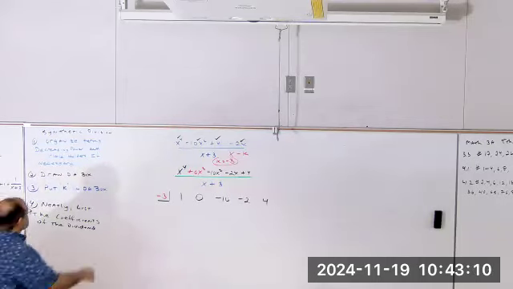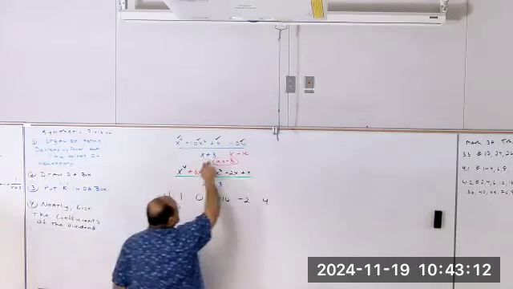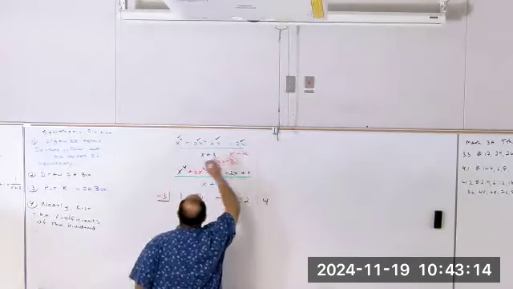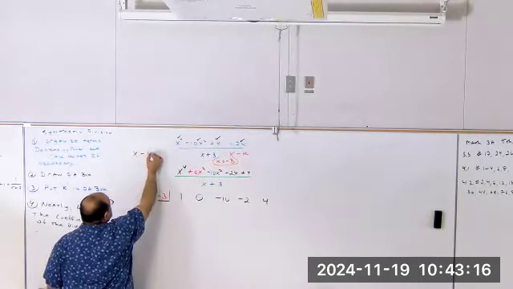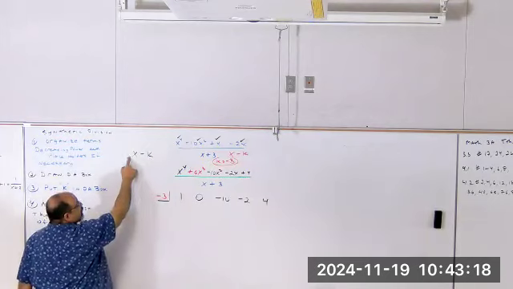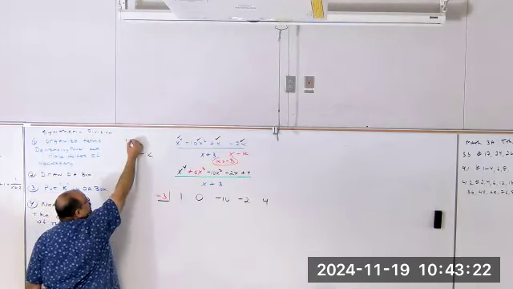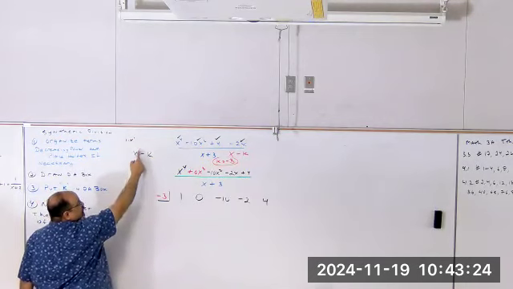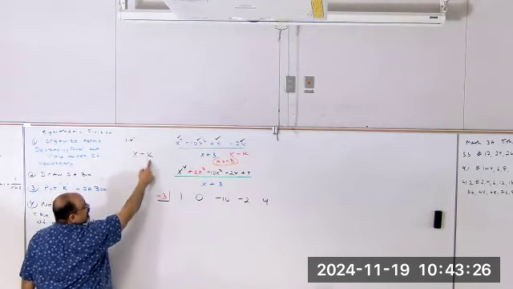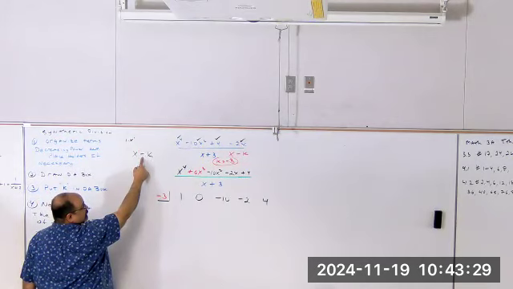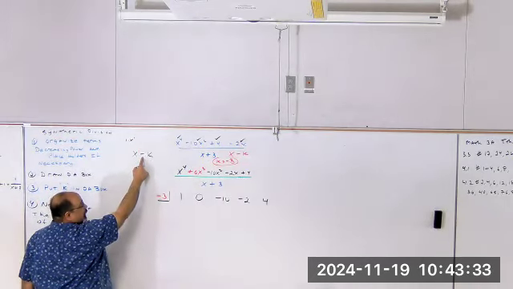Because the only way to do this is if the divisor looks like x minus k. It cannot have anything in front. It has to be 1 times x to the 1st. So as long as they have 1 times x to the 1st, we can do this. Now, the divisor has a built-in negative. So whatever you see, k is going to be the opposite sign.